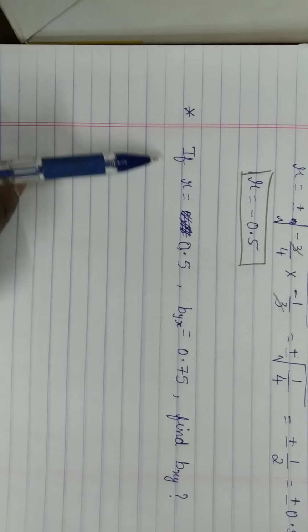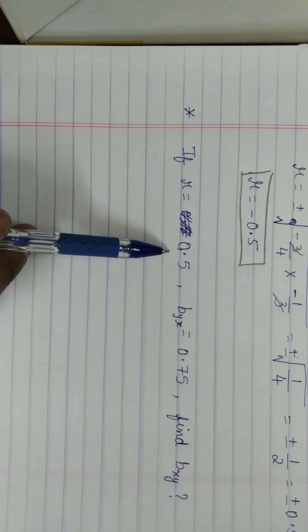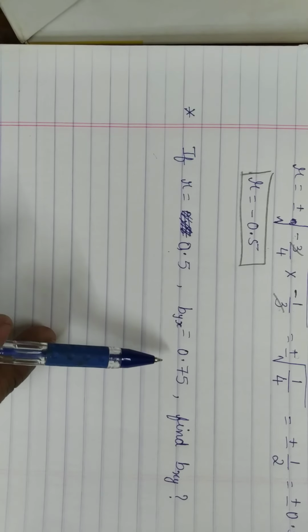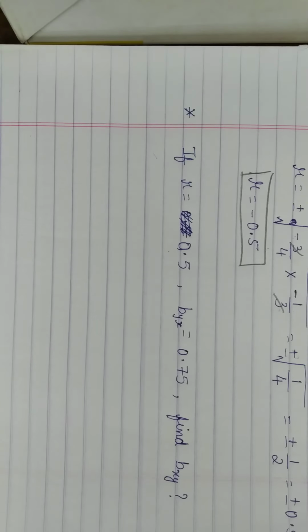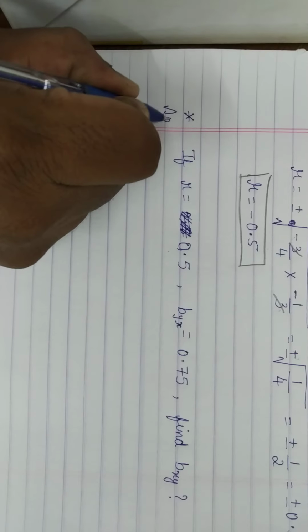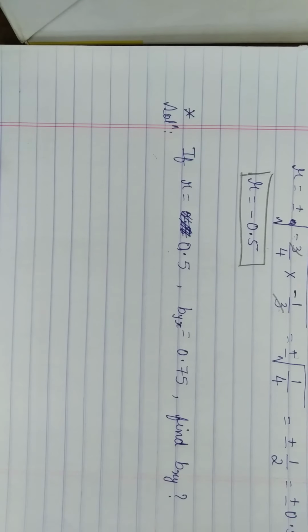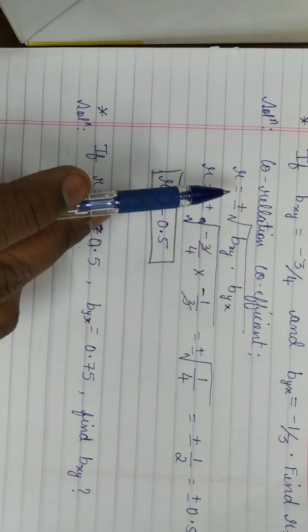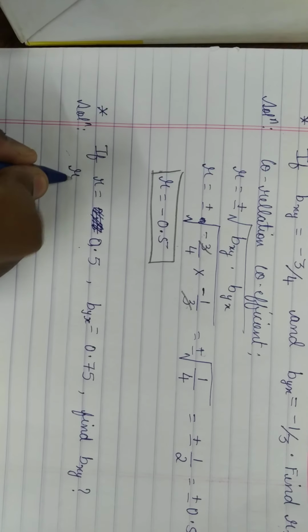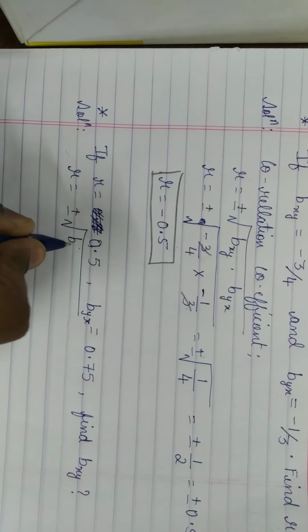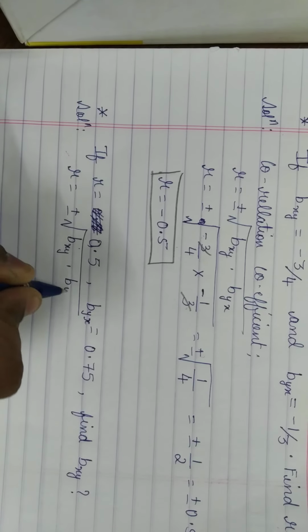So the second problem goes like this: if r equal to 0.5, byx is 0.75, find bxy. So now what you have to do? For this solution, we'll use the same formula that we had used previously. The same formula, r equal to plus or minus square root of bxy into byx.